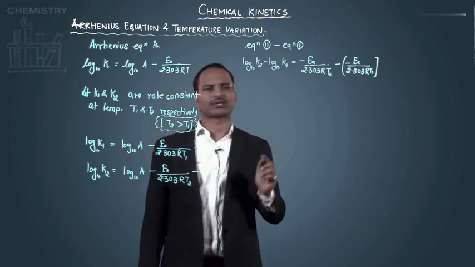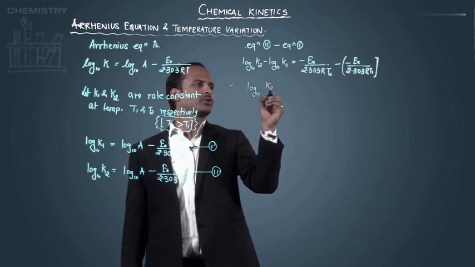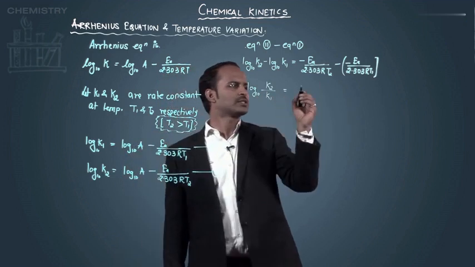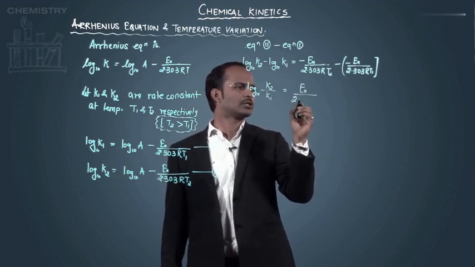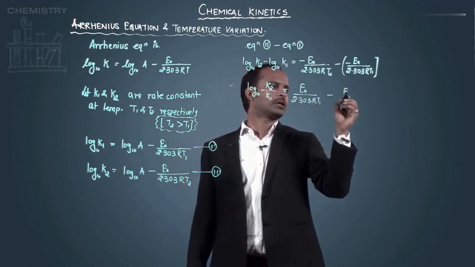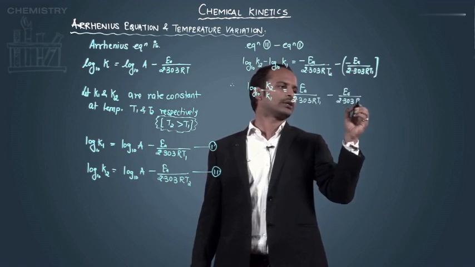Therefore, subtraction of logs can be written in the division form. So it will be log to the base 10 K2 upon K1 is equal to, minus minus will become plus. Let us write that positive term first, that is EA upon 2.303 RT1 minus EA upon 2.303 RT2.